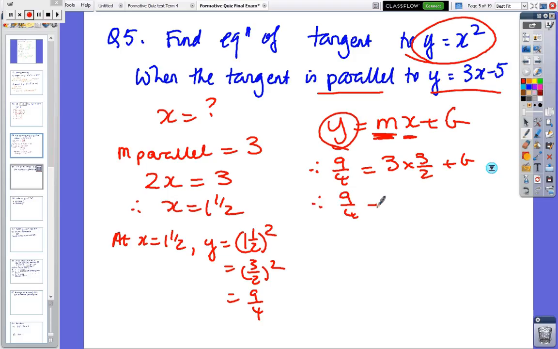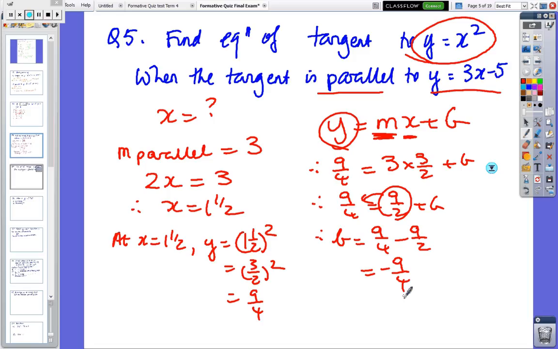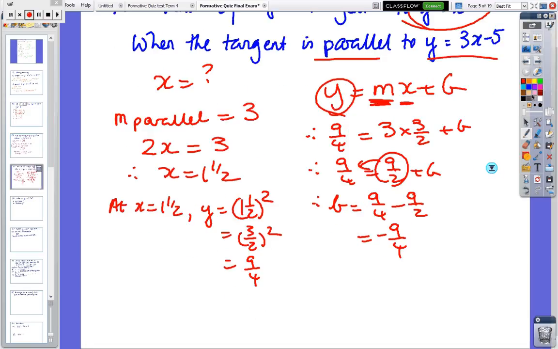So 9 over 4 equals 9 over 2 plus b. So that comes across by subtracting, and so b equals 9 on 4 minus 9 on 2, which is minus 9 on 4.